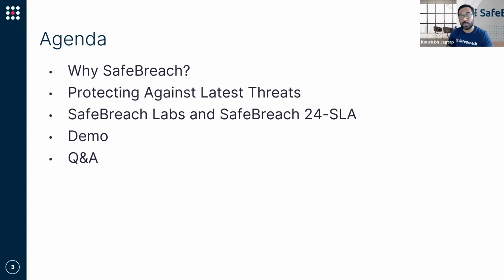We help you understand what your attack surface looks like. We have more than 30,000 attacks that are constantly being updated in the platform. We are the only BAS vendor that offers a 24-hour SLA on US CERT alerts, as well as FBI flash and other key pertinent threats. And a key part of that is what we're going to cover today in our webinar.